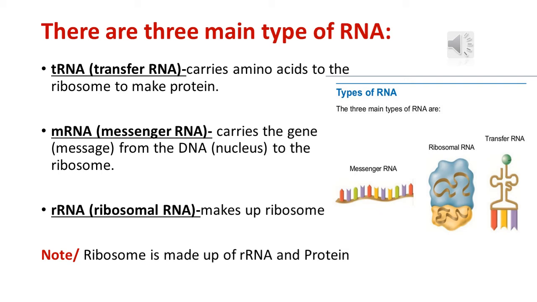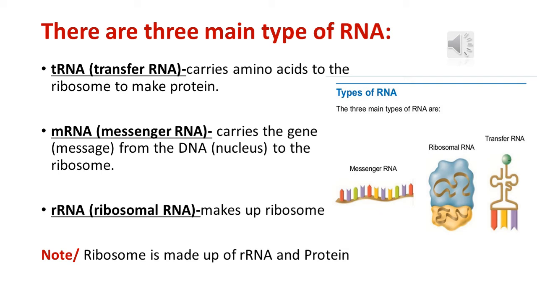Messenger RNA carries the message from the DNA. It carries a message from the nucleus to the ribosome. Messenger RNA is formed inside the nucleus and it can leave the nucleus to the ribosome outside in the cytoplasm.